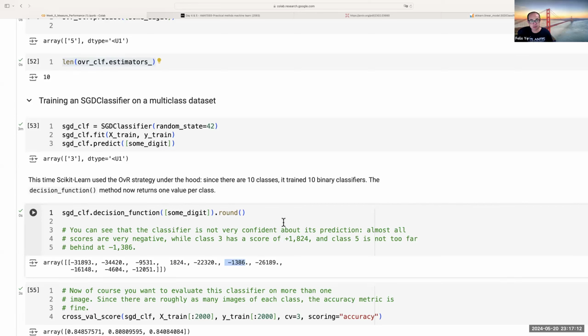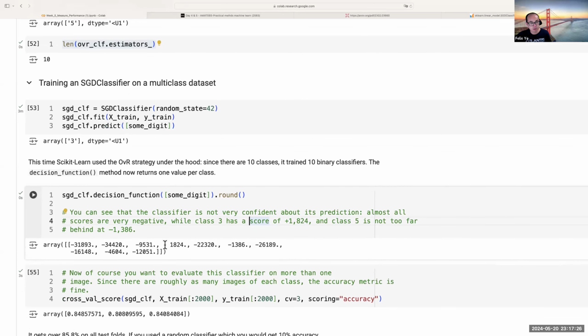Almost all scores are very negative, but 3 has a little bit more than 1,800, and the class 5 is not very far away. It's only slightly below 0, compared to the other scores right here. So you can think about this as getting confused between 3 and 5, which is very reasonable.